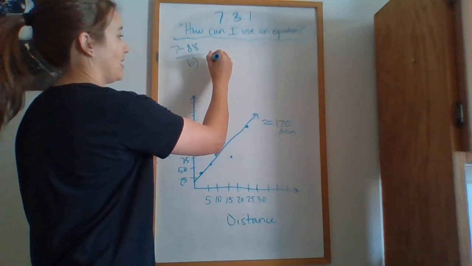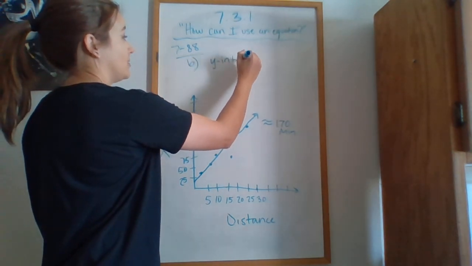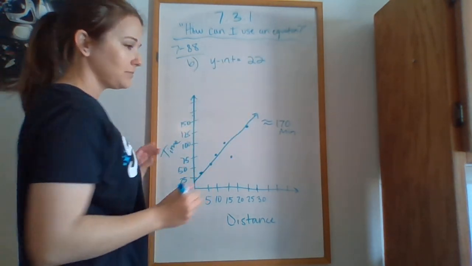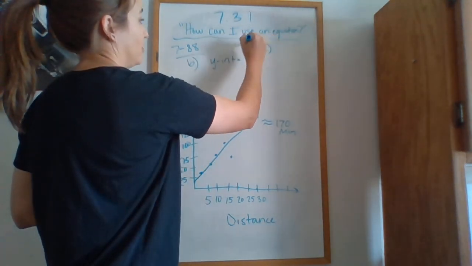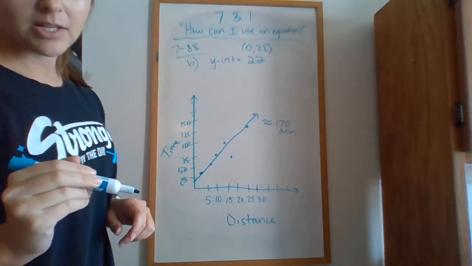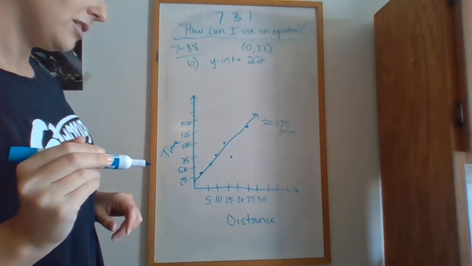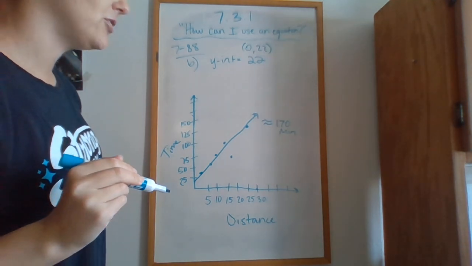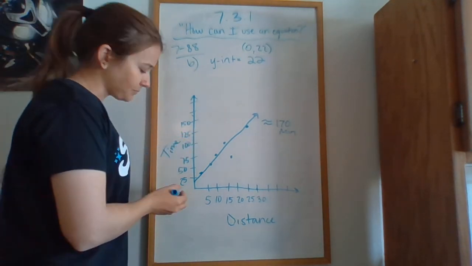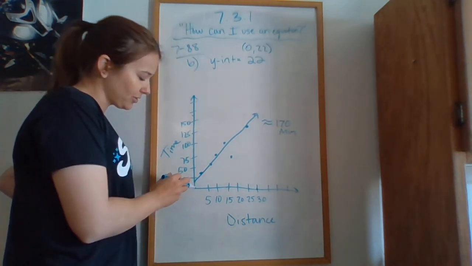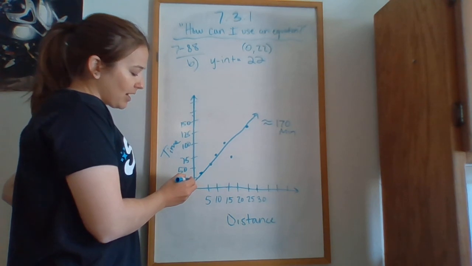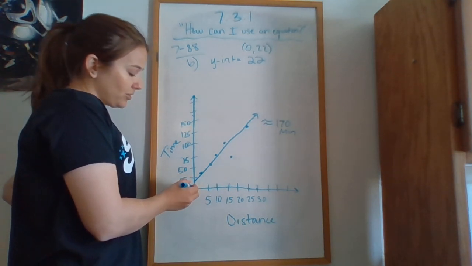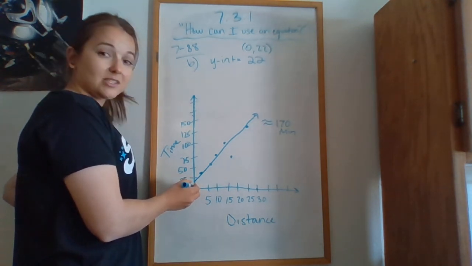So let's pick the y-intercept is 22, or you could write it as the actual coordinate like that. And then what does it mean? What does the y-intercept mean? So what I figured is if you look at the graph and you know that the x is 0, but the time is 22, so that means the 0 represents distance.